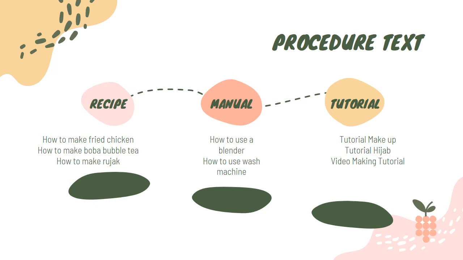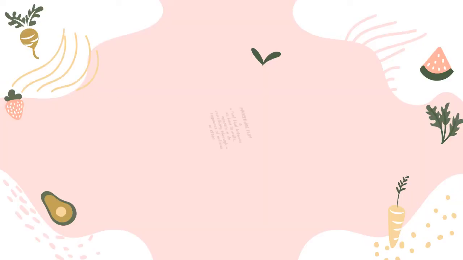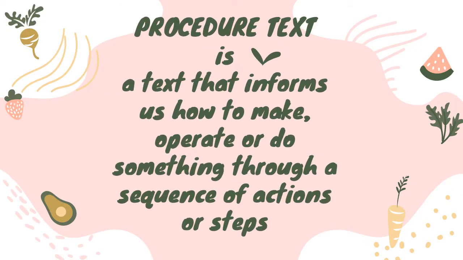So, procedure text we can find in recipe, manual book, and tutorial. Jadi, teks prosedur bisa kita temukan di resep, buku petunjuk penggunaan, serta di tutorial. So, procedure text is a text that informs us how to make, operate, or do something through a sequence of actions or steps.